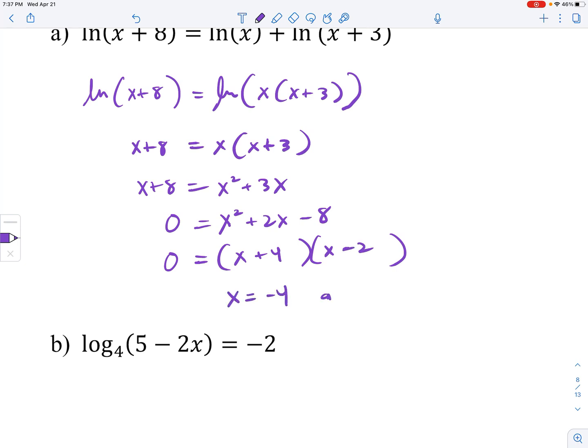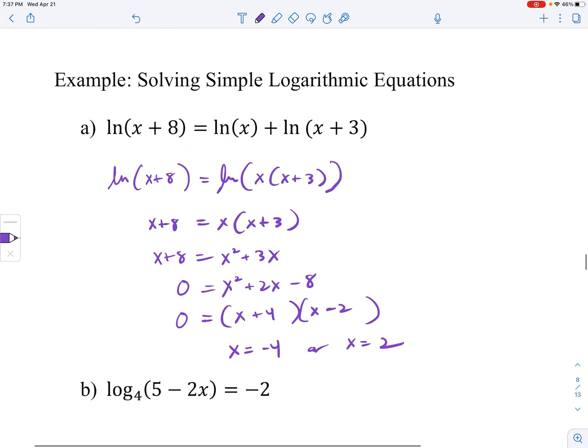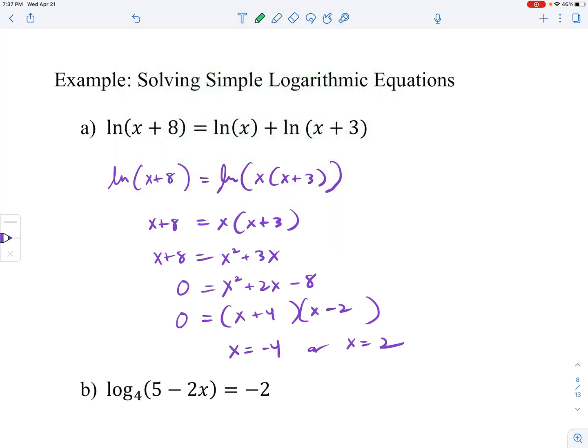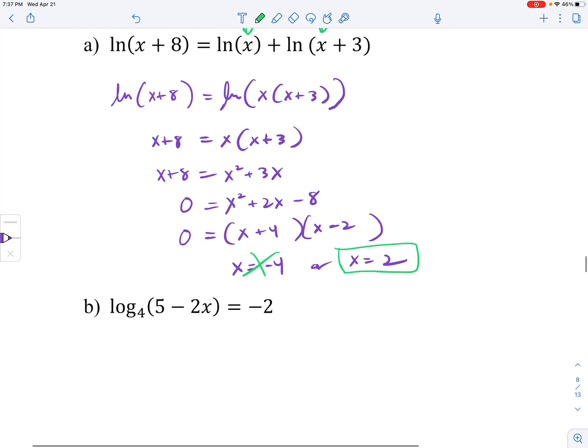So we would get x equals negative 4 or x equals 2. But then double checking, if we plug negative 4 into our original equation, we would take the natural log of a negative value here and here. So negative 4 doesn't actually work, and 2 would be our only solution. Right, 2 works if you plug it into the original.